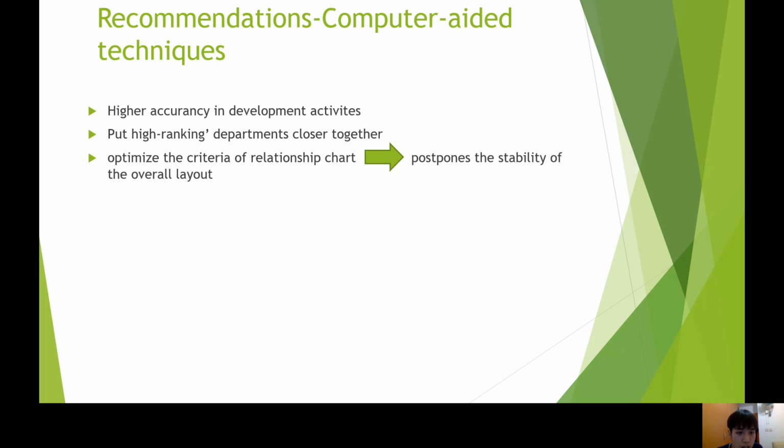In order to address the problem, there are some recommendations. Firstly, it is suggested to use computer-aided techniques.